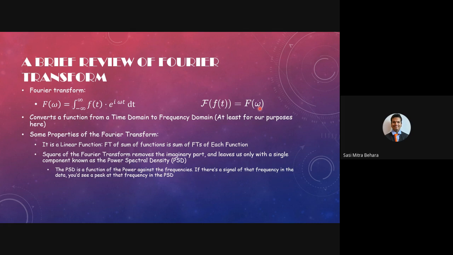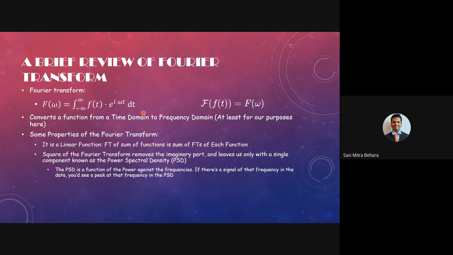And then you also have something known as the power spectral density, which essentially is the square of the Fourier transform. Now you can see this giant imaginary part contributing to the Fourier transform integral. That makes things simpler while integrating, but to get some meaningful insight, we try to get rid of the imaginary term.